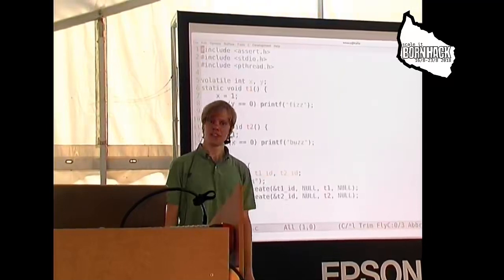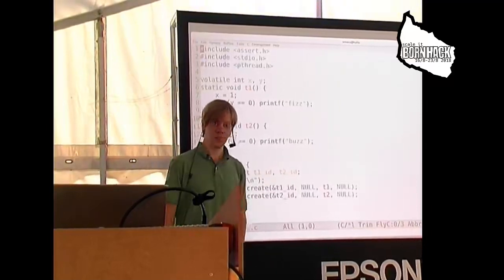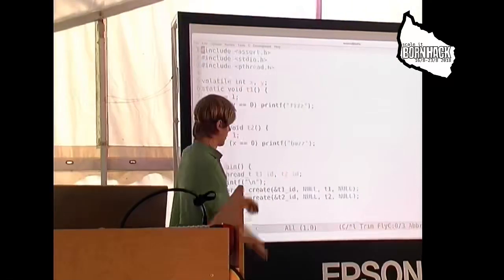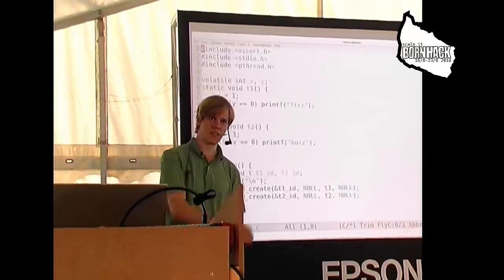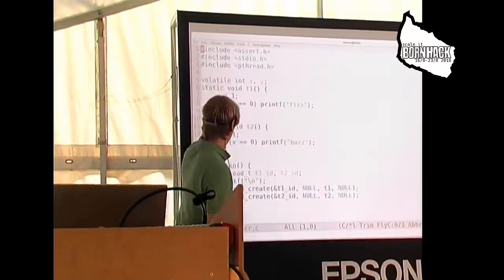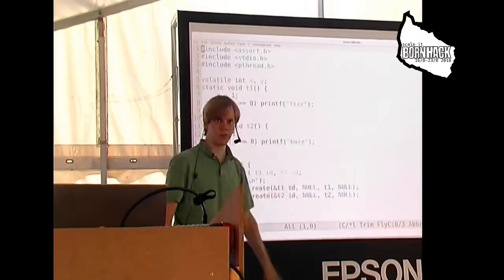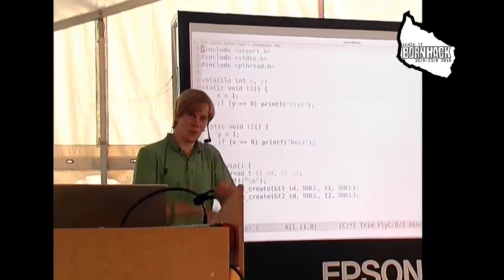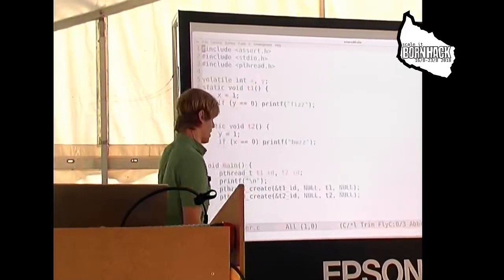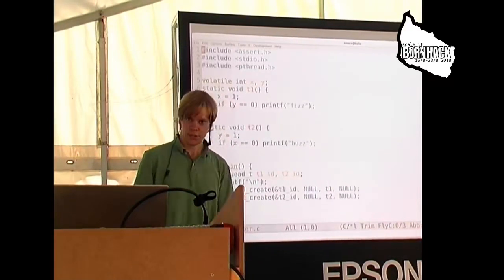I just didn't because it makes the example shorter, but some tools like Nidhugg will scream at you if you don't use C11 atomics, because what I showed you before is actually undefined behavior. But if you were using C11 atomics, you would get the same behavior that I've already shown you.